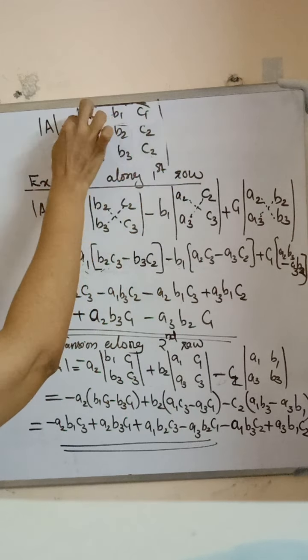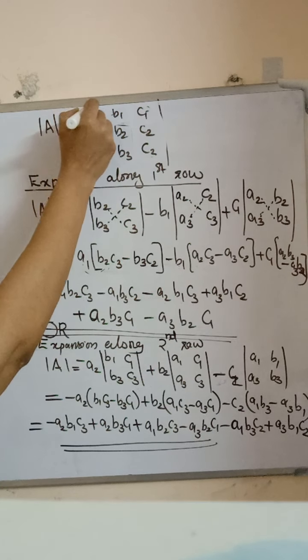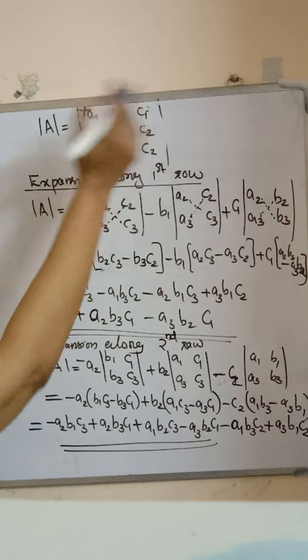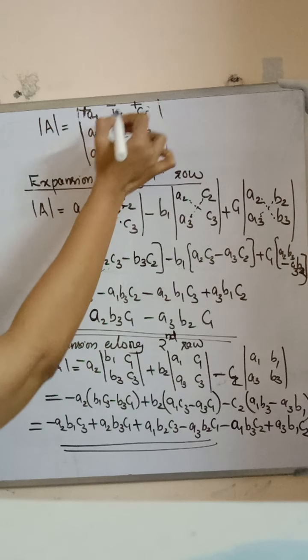Why do we choose it as minus a2? I will explain. Here a1 is the first row, first element. Let it be positive. Then take an alternate sign change, that is b1 has a negative sign and c1 has a positive sign.